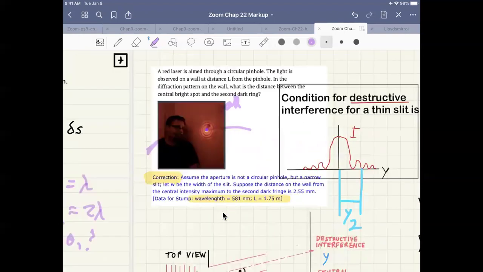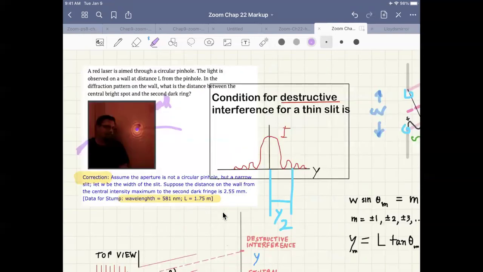Well, we're going to change this because this textbook doesn't have light passing through a circular hole. It has light passing through a narrow slit. So we're changing the problem here.